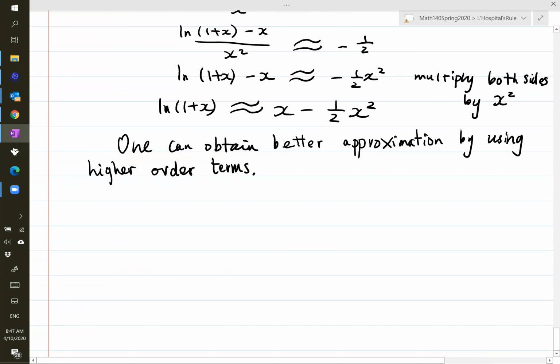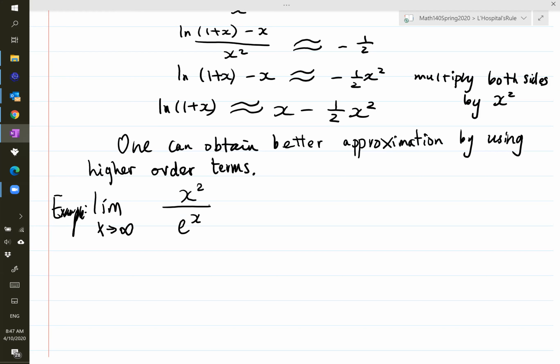So this is 0 over 0. Sometimes we get infinity over infinity. Let's see this example: as x approaches infinity, x squared over e to the x. Now I did not mention that when we apply L'Hopital's rule, the number a that x approaches can be infinity.